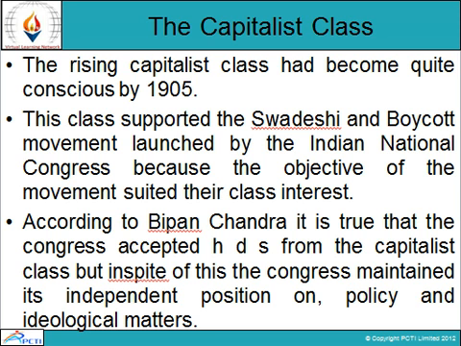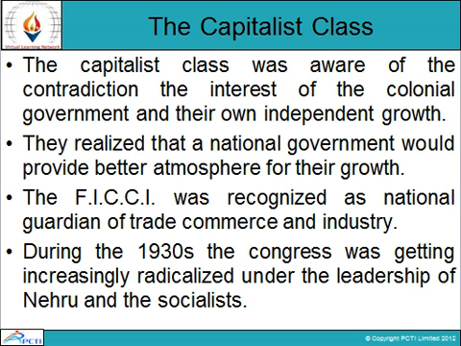According to Bipin Chandra, it is true that the Congress accepted funds from the capitalists, but in spite of this, the Congress maintained its independent position on policy and ideology matters. The capitalist class was aware of the contradiction between the interest of the colonial government and their own independent growth.